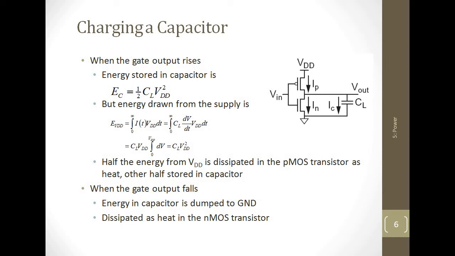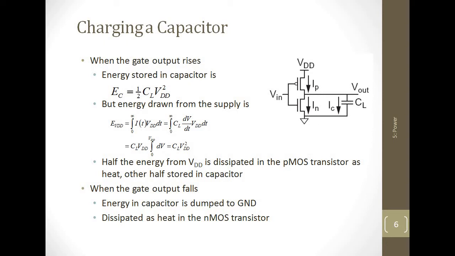When the gate output falls, energy in the capacitor is dumped to ground. That means the capacitor should discharge. It is dissipated as heat in the NMOS transistor, because the discharging is across the N channel MOSFET.